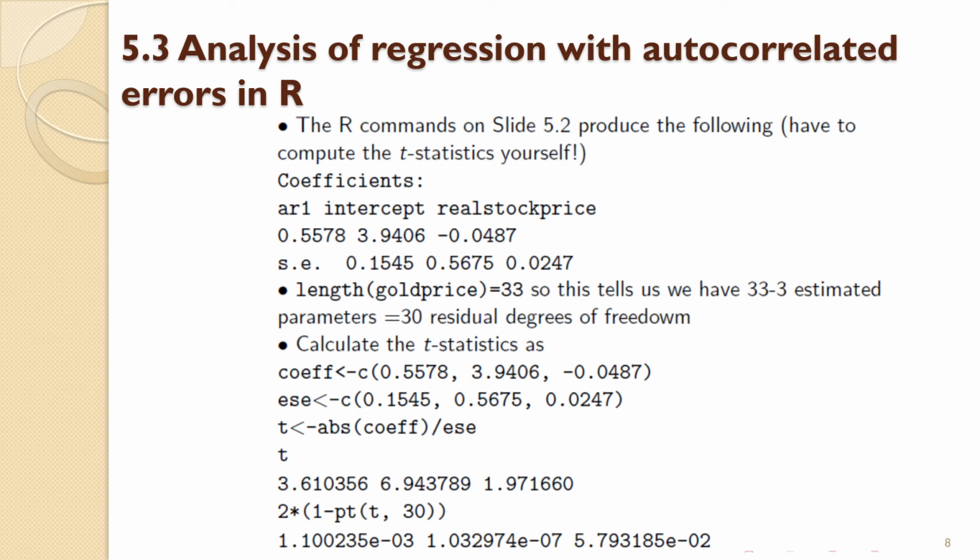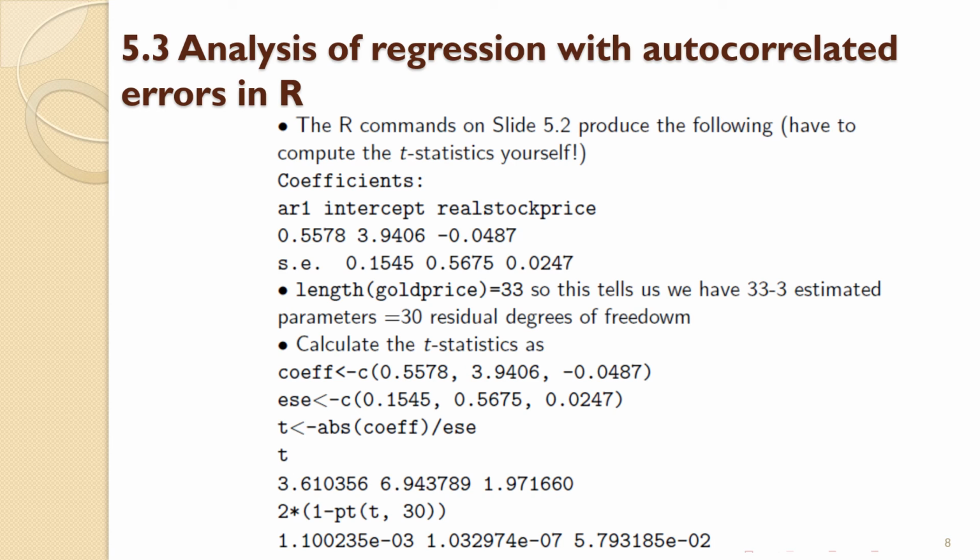In this case, you calculate the t-statistics as follows. The first line of code here, coef, is the coefficient estimates, and the ESE is the second line of the output, the estimated standard errors. Then to calculate the t-values, the t-value is just the absolute value of the coefficient estimate divided by the estimated standard error.